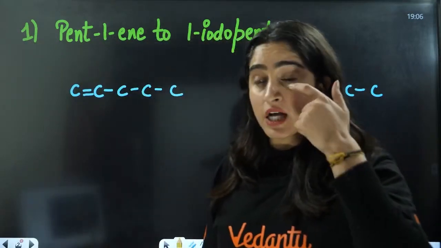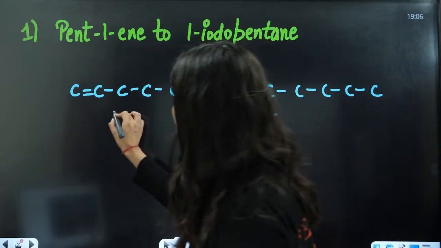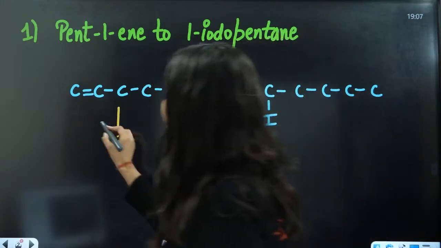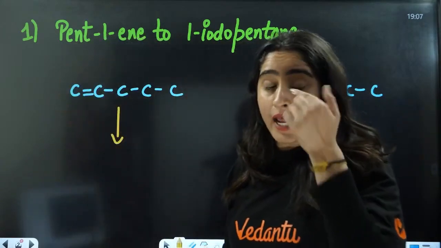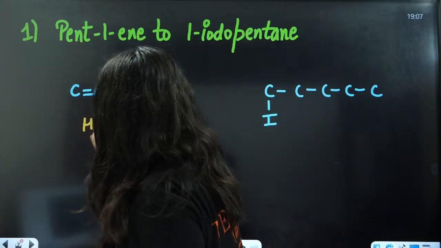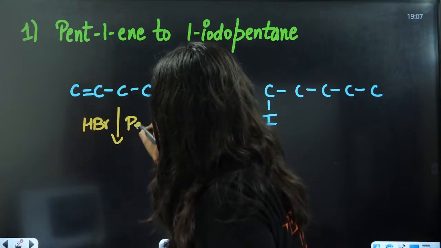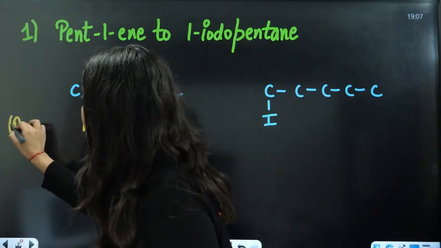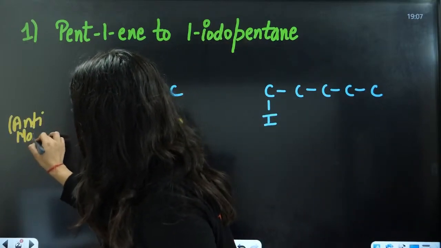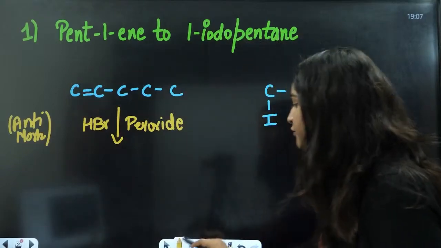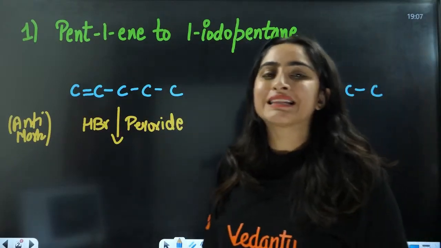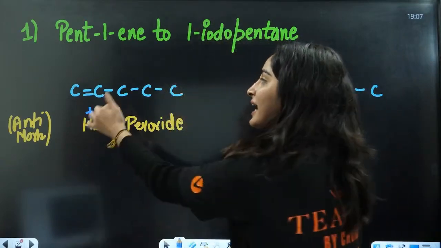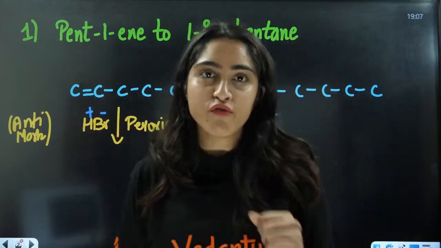Very good, Sanjana. Firstly, we are going to apply the anti-Markovnikov rule on HBr. So this is HBr and we add peroxide for anti-Markovnikov addition. The negative part goes on the carbon with more number of hydrogens.